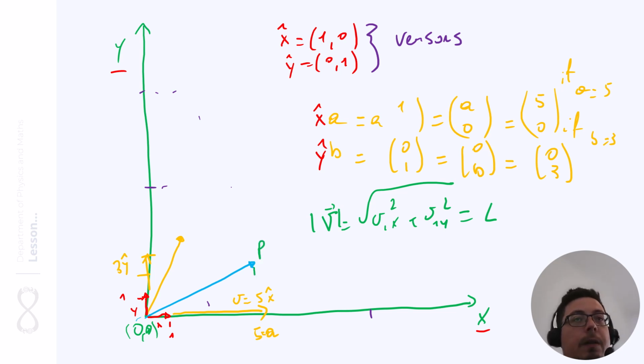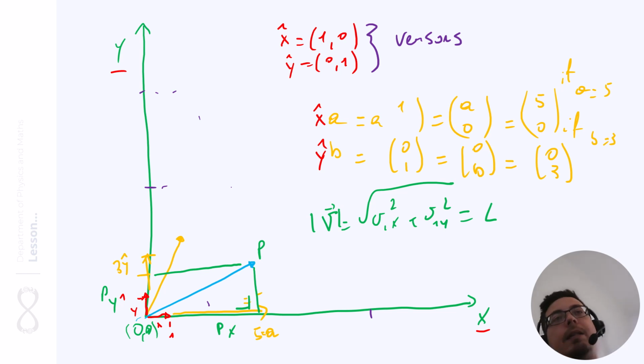These are the components, px and py. If you apply the Pythagorean theorem over this 90 degrees angle here, you can see that the length of the hypotenuse is exactly the square root of px square plus py square, which is the length of vector p.